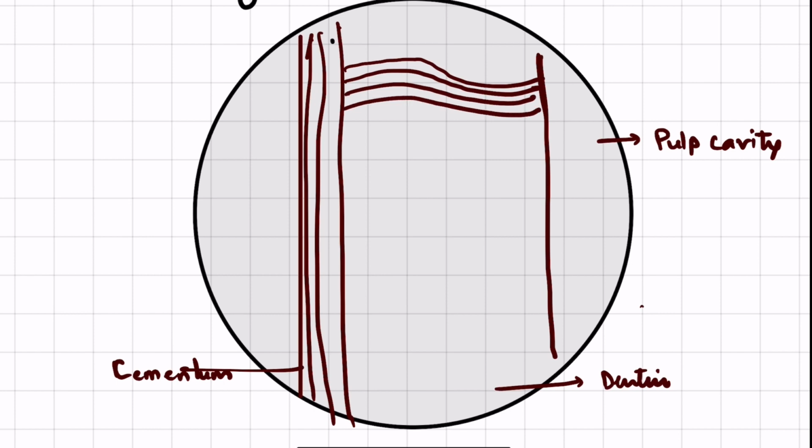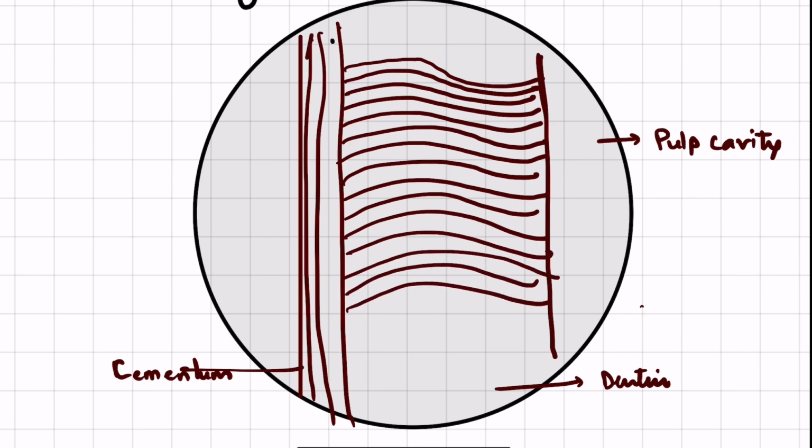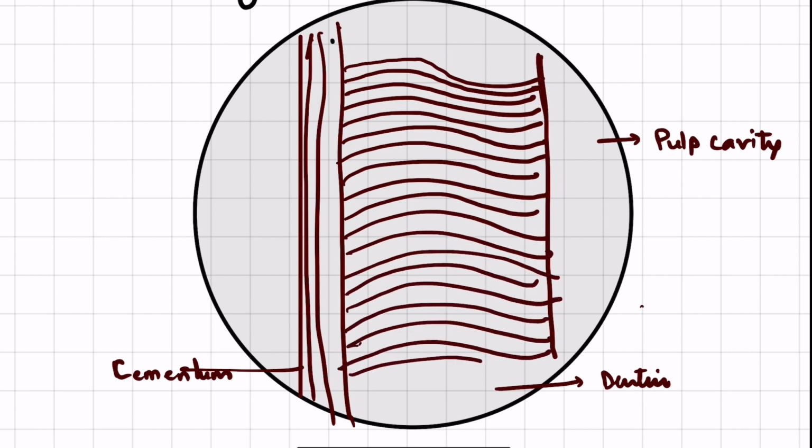Now these are the dentinal tubules, S-shaped dentinal tubules. These S-shaped dentinal tubules are running from the pulp towards the cementum, or the cementum towards the pulp. When these tubules hit the cemental junction, they are forming loops.